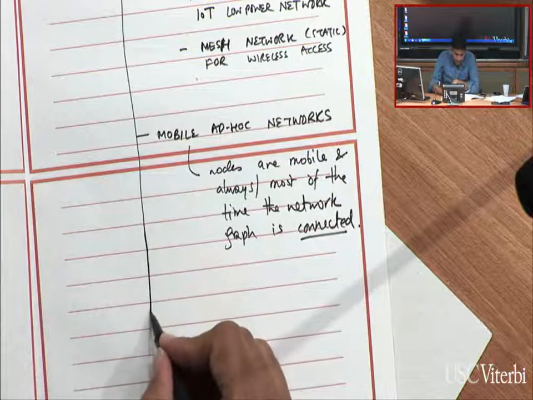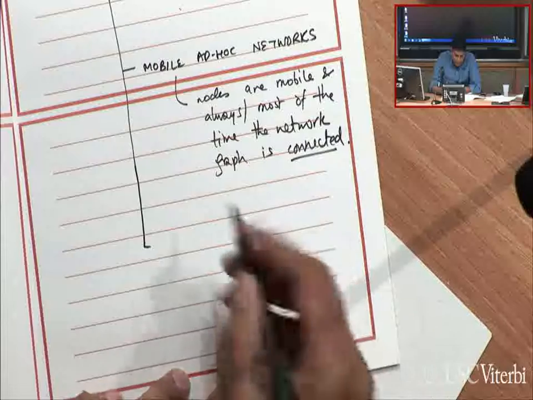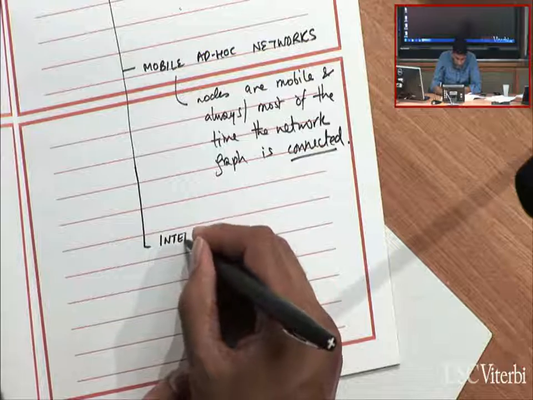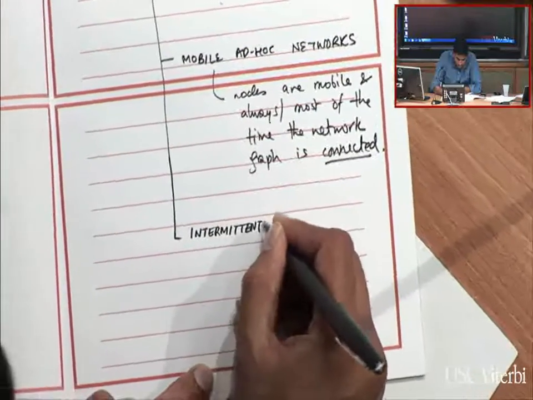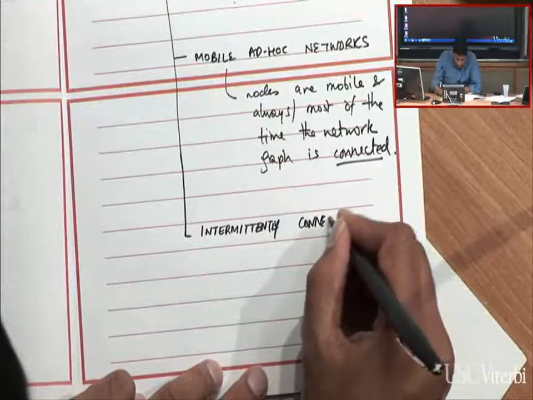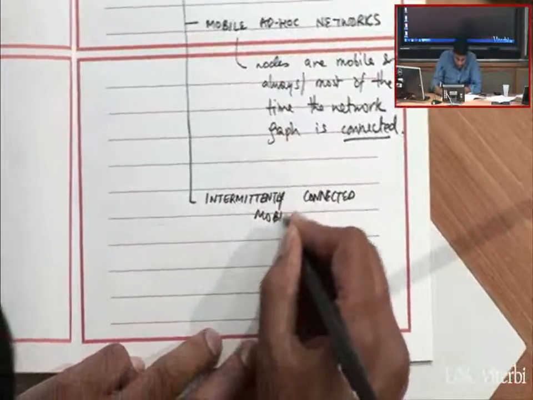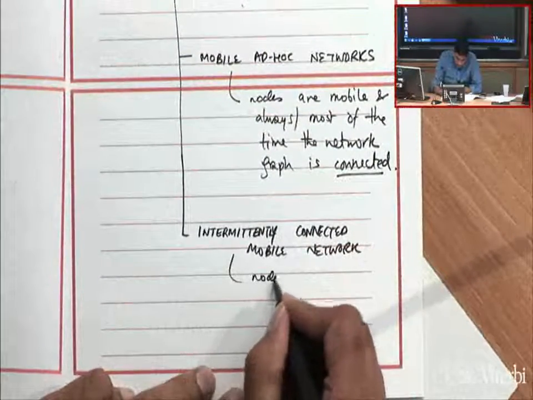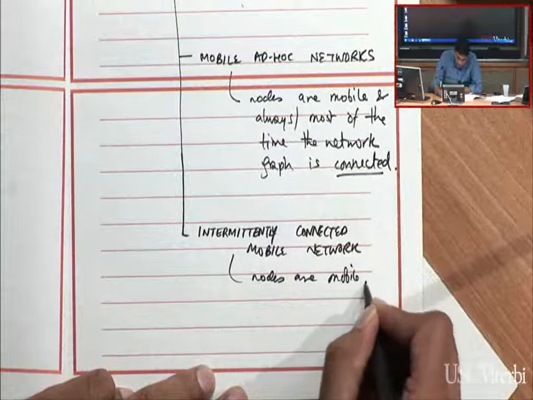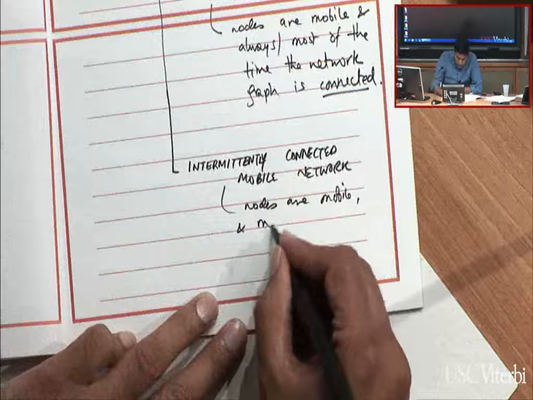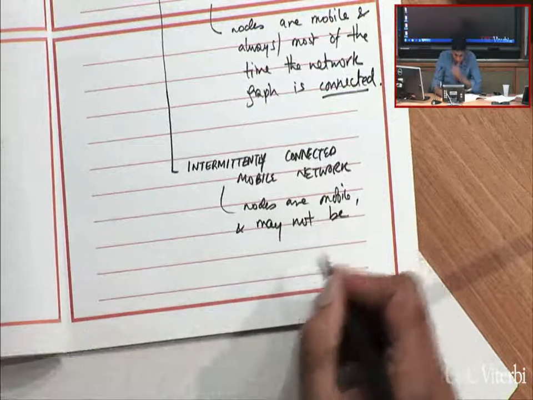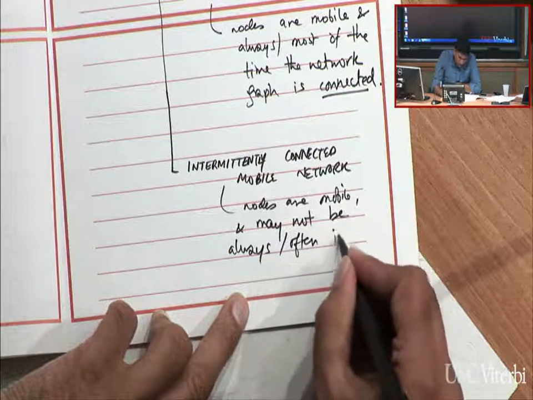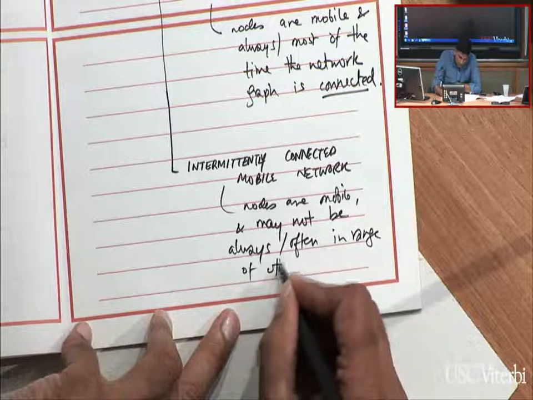And really, it's meant to be contrasted with the third type of multi-hop wireless network that has many names, but I think a good unifying name for them is an intermittently connected mobile network, in which nodes are mobile and may not be always or even often in range of other nodes.